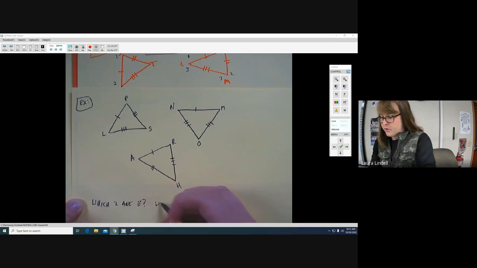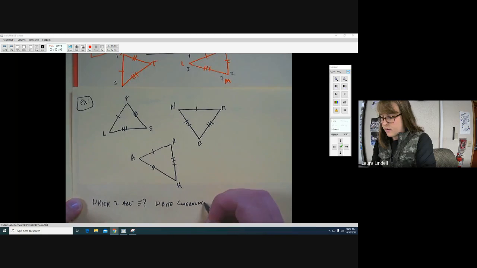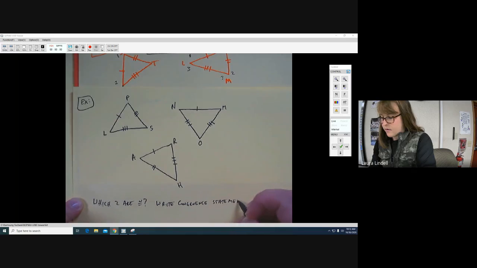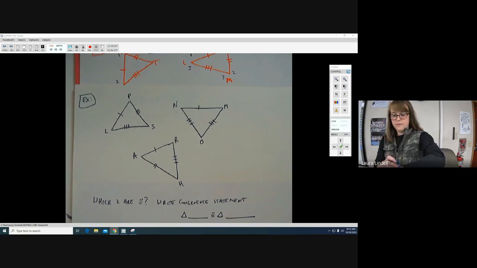And we want to be able to write a congruent statement. Okay. So first of all, we need to pick out which ones are congruent to each other.